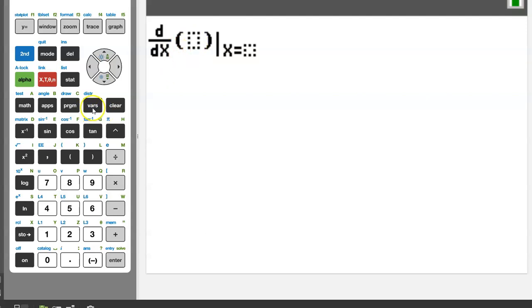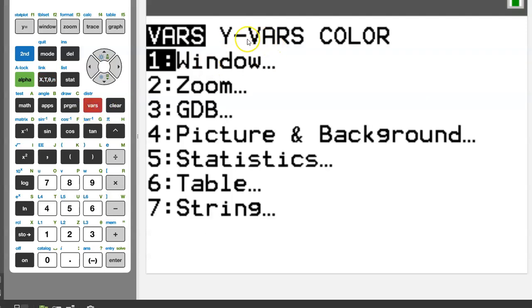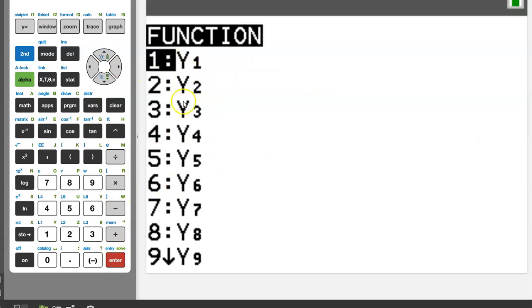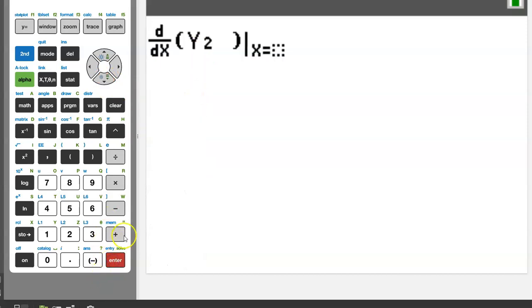Hit the vars button, and we want yvars, so just go over there and choose function. And so here are the functions that we could type in. We typed the velocity into y2, so I'm going to choose that and hit enter. So this is the derivative of the velocity, and I want to evaluate this at x equals 2.